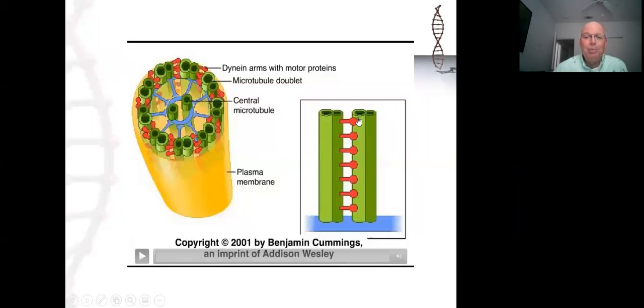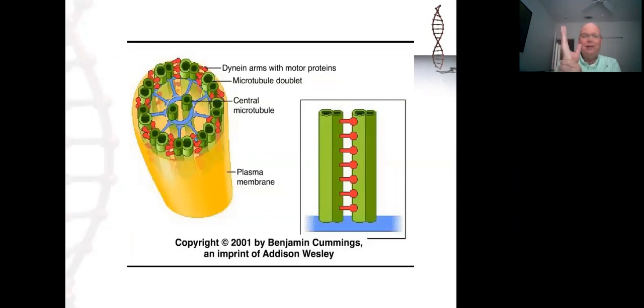The dynein pulls against the adjacent microtubules, but because the ends of the microtubules are anchored, this doesn't move, and so that causes the cilia and the flagella to bend because of the alternate pulling, and that's illustrated in this animation.